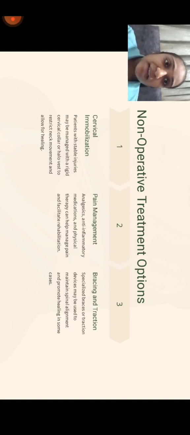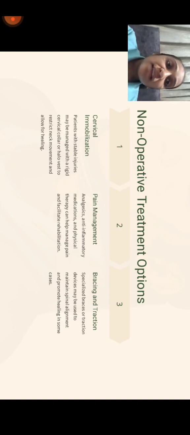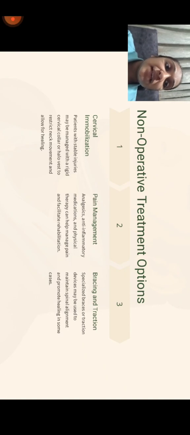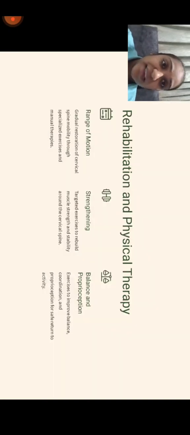Pain management: analgesics, anti-inflammatory medication, and physical therapy can help manage pain and facilitate rehabilitation. Bracing and traction: special braces or traction devices may be used to maintain spinal alignment and promote healing in some cases.